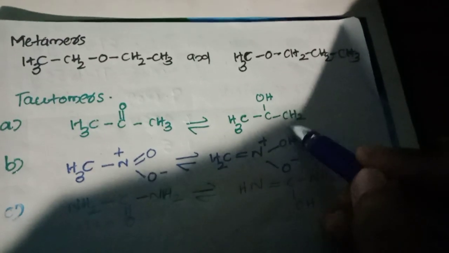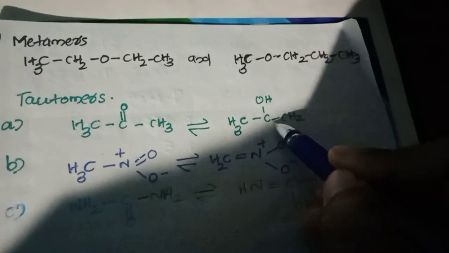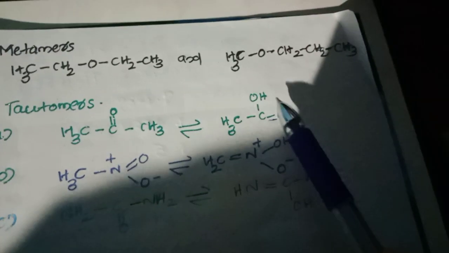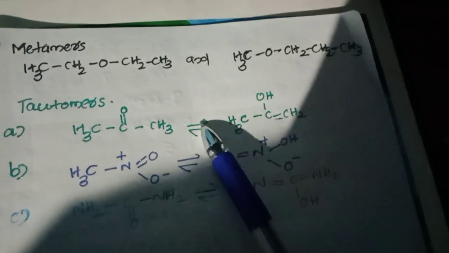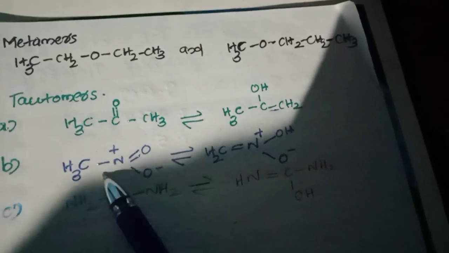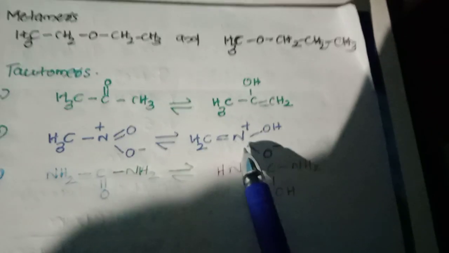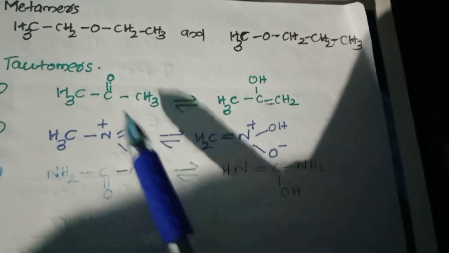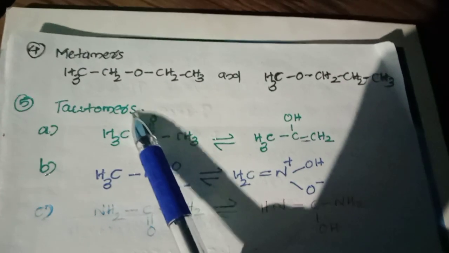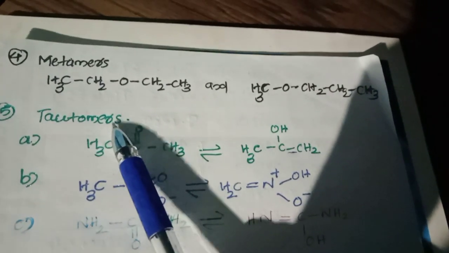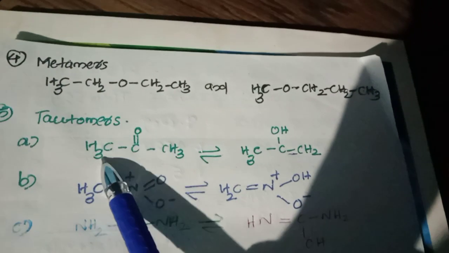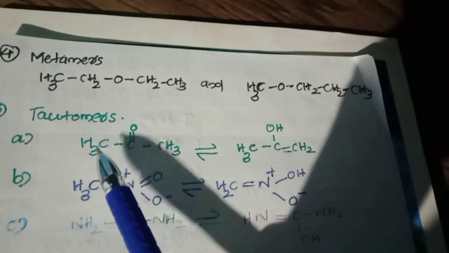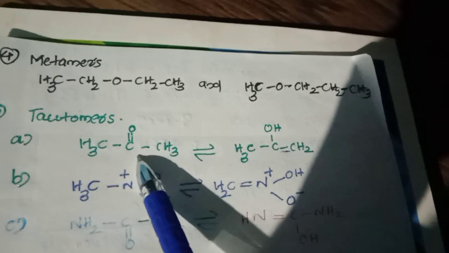Here 1, 2, 3, 4. Enol form. That is the first one, which we are all familiar with. The next example is the nitro-aci form. First of all, tautomers exist because of the shift of a hydrogen atom from one atom to another in the same molecule.